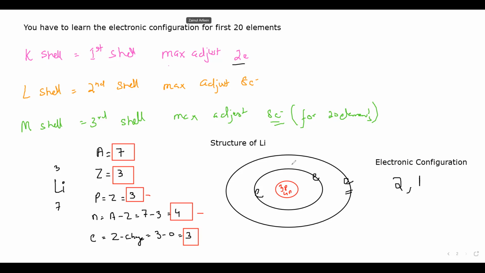An atom consists of neutrons, protons and electrons. Neutrons and protons are inside the nucleus. Electrons revolve around the nucleus in a region which we call a shell. There are 7 shells, but you don't have to learn the maximum number in each shell, just for the first 20 elements. Any doubt or question?